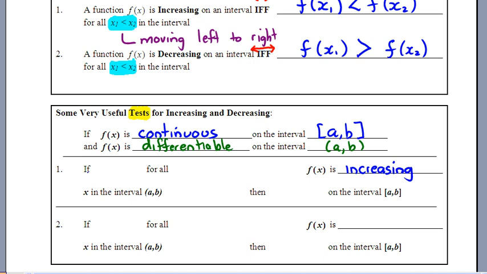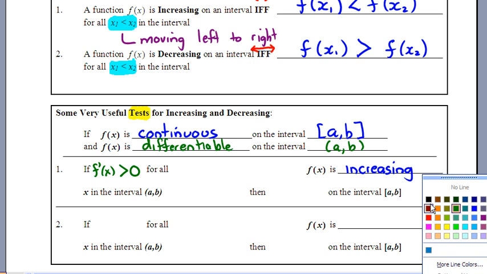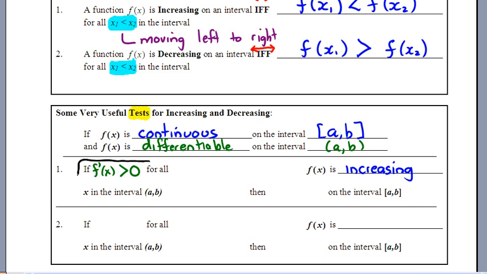If the derivative, if f prime of x is positive, if it's greater than 0 for all of the x inside that interval, so if you're like, oh yeah, look, the derivative has been positive that whole section of the number line, then, so this is not an if and only if, this is a then, so it's a single-headed arrow. If the derivative is always positive, then you know the graph has been increasing on that interval.